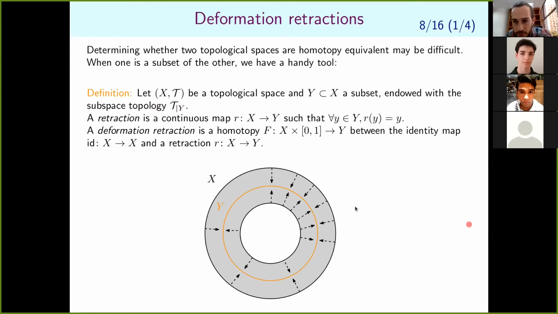Okay, so in this case, you're not actually mapping every point of Y to X. You're just mapping Y to itself. You map Y to itself seen in X, which is basically the same. Okay. Thanks.